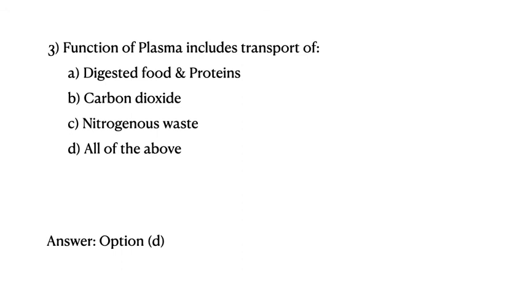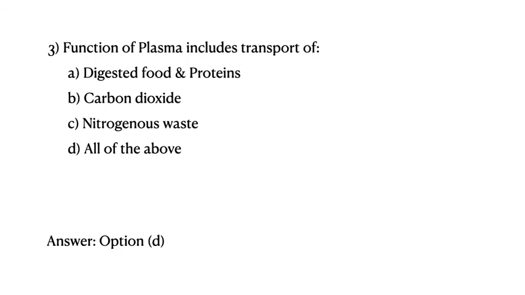Next is nitrogenous waste, like urea. Urea is carried from the liver to the kidney, where it is excreted in the urine, and this is also done by plasma. So all three functions are performed by the plasma of the blood.